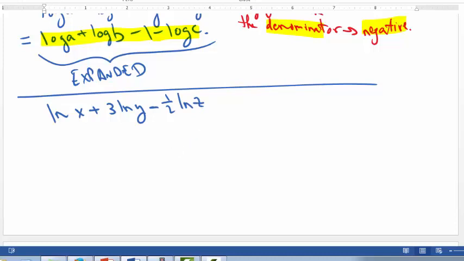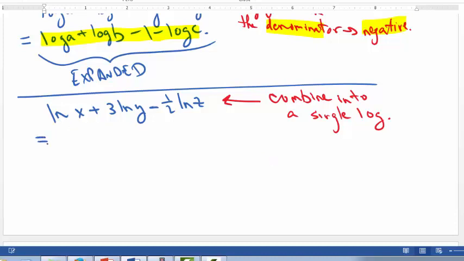What they would ask you to do here is, you're not expanding now because this is already 3 logs, they would ask you to combine into a single log. So in this case, you're going to use all three properties: your product, quotient, and power.